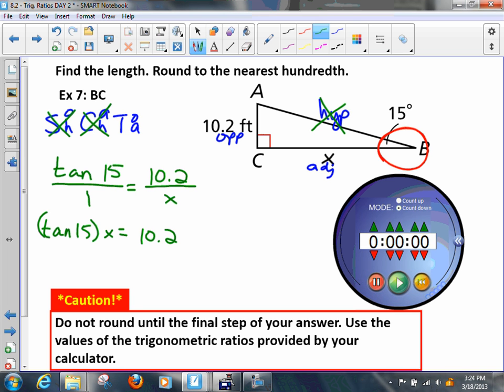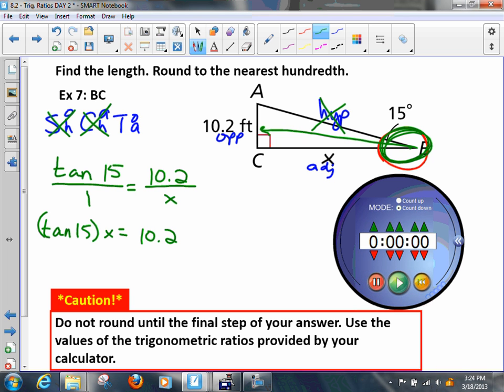Because we circled the 15-degree angle, and 10.2 is opposite the angle that I circled. If you can imagine yourself sitting here in this corner and having to shoot a gun or shoot a bow and arrow, it's going to go here to that opposite side. I circled the 15, right?